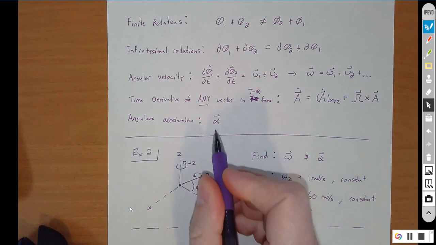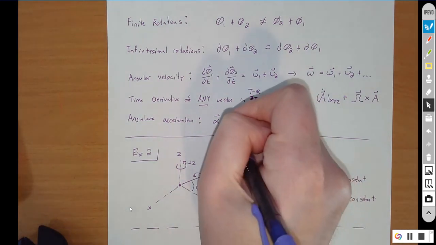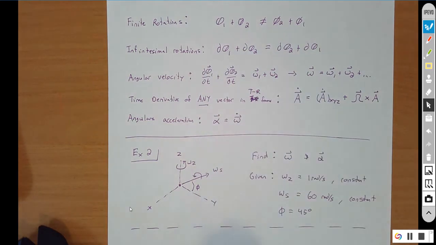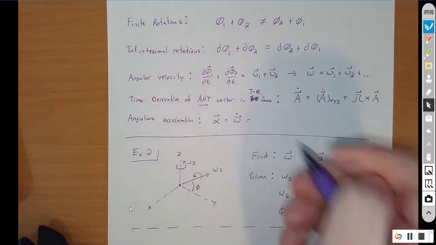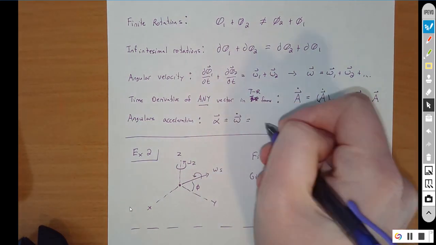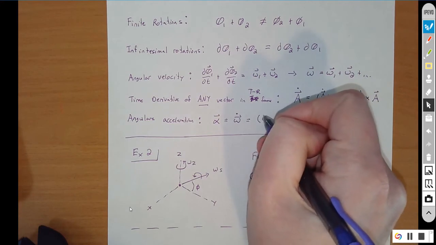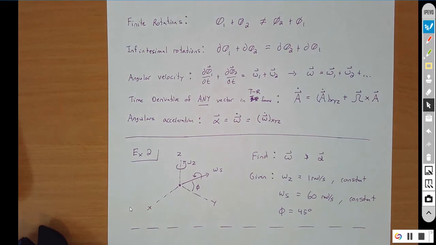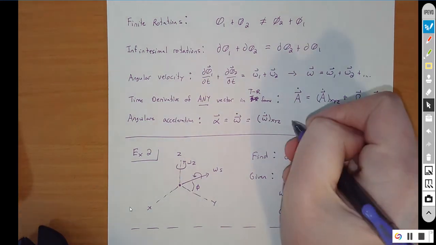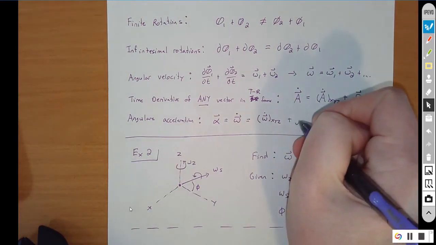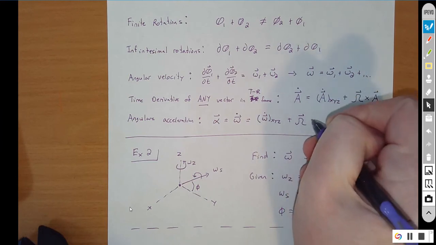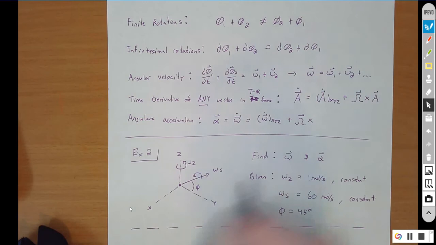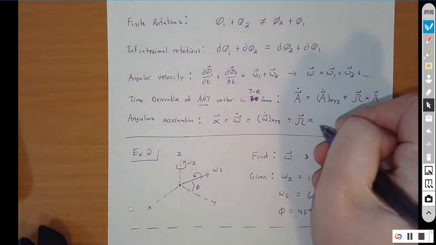So what this means for alpha, well, this is just omega dot. And I can find that by looking for the omega dot in the local coordinate system, so I have some local accelerations, and then also doing a cross product with the rotation of the coordinate system. And so this will make sense when we come down to example 2, hopefully.